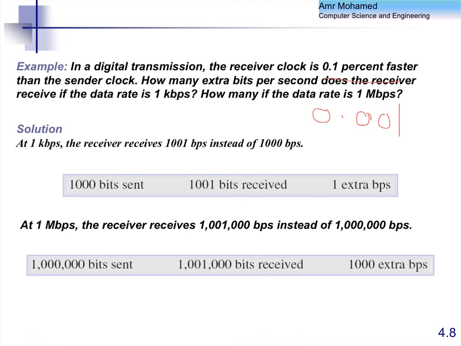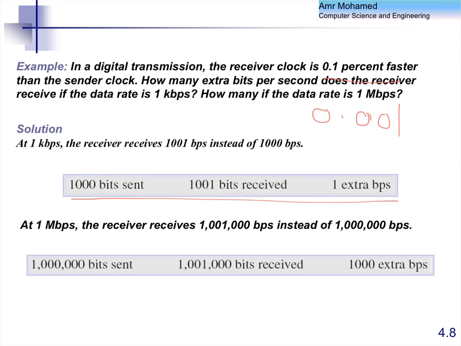So in any case, if I have 0.1% difference or clock drift, for each 1,000 bits, I have 1 extra bit. So at the receiver, if this is 1 kilobit per second, I have 1.01 kilobits per second, or 1.001 kilobits per second.